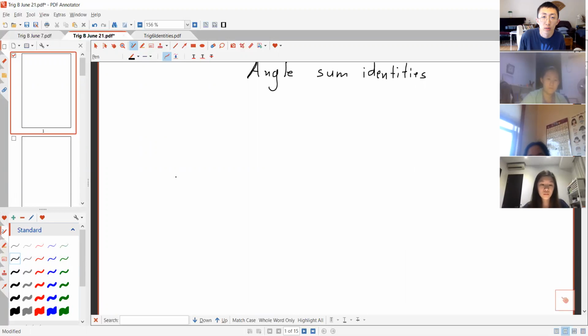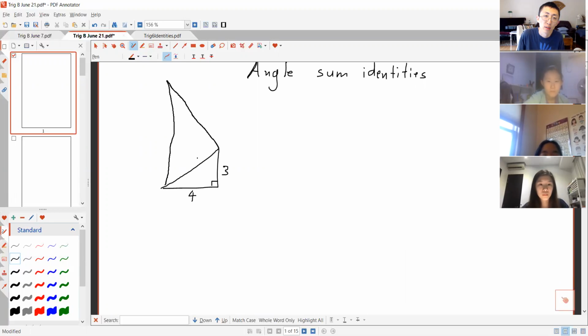So if we have two triangles, like let's say this is a 3, 4, 5 right triangle, and let's say the other one is maybe like 5, 12, 13 or something.